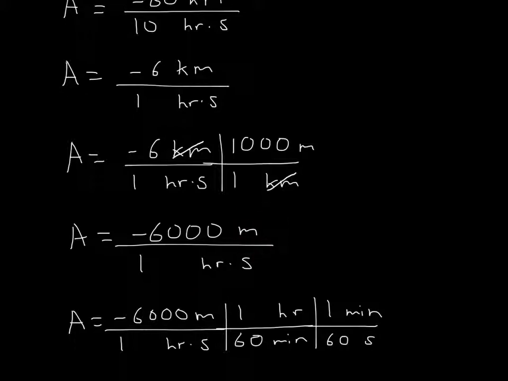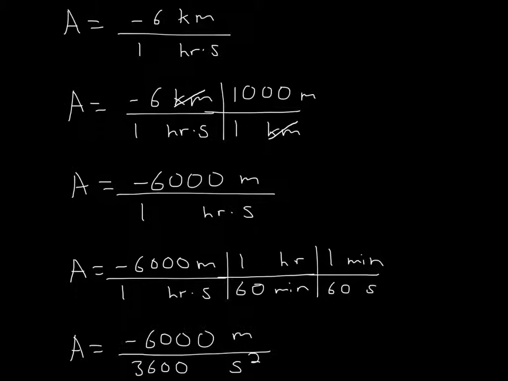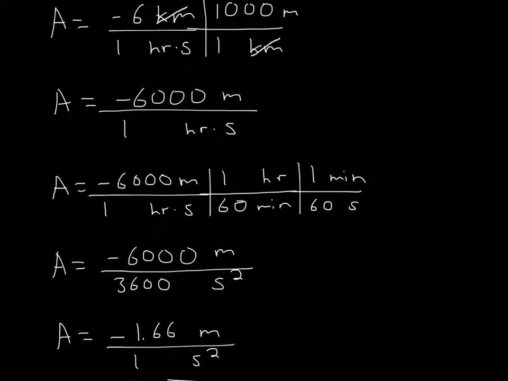So now we have meters over hour times seconds, but we still need meters over s squared, and that's not the case. So now we need to get rid of that hour. I brought this down here and did dimensional analysis again. Once again, the diagonals, if they match, then you can cancel them. Here, what I did was I put hours.